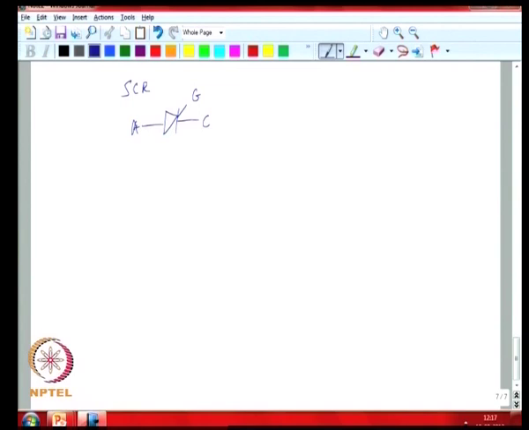So what we mentioned was a SCR has higher surge current capability.